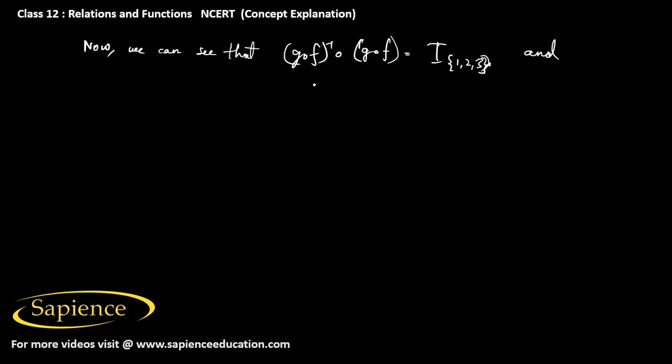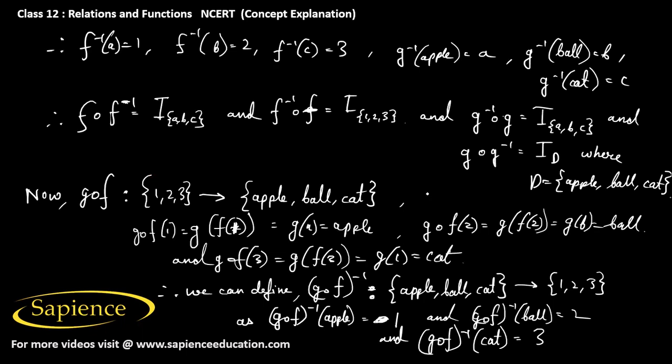And g of f of g of f whole inverse of cat would be g of f of 3, which is equal to cat.